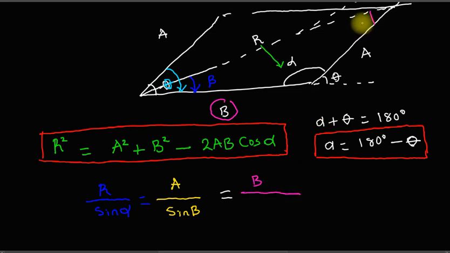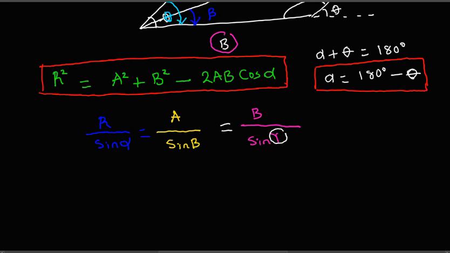So let's just call the angle here gamma. So this will be equal to sine gamma, but we don't know what gamma is, so we are going to be making use of these two. Since at the end of solving, the angle alpha is going to be known, we are going to know our resultant.